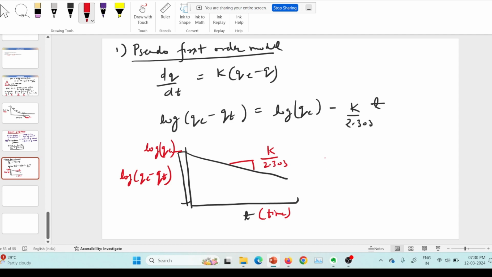Here k is the first order adsorption rate constant.